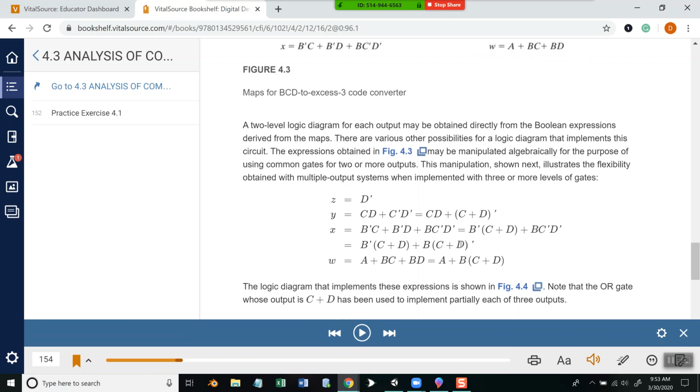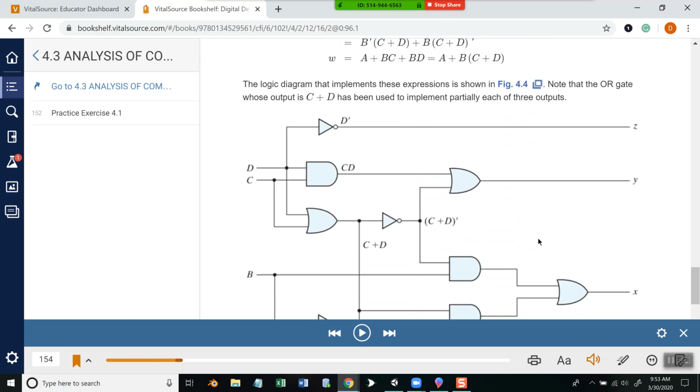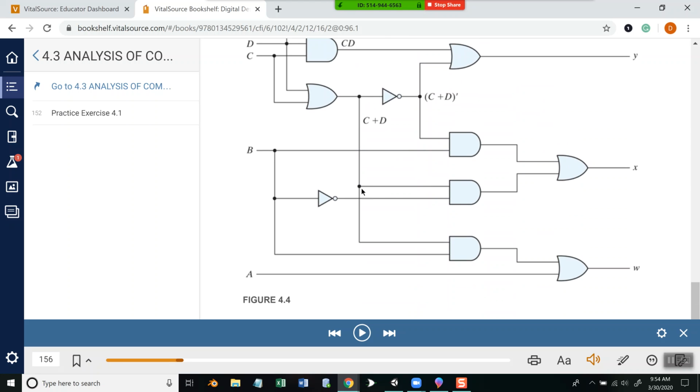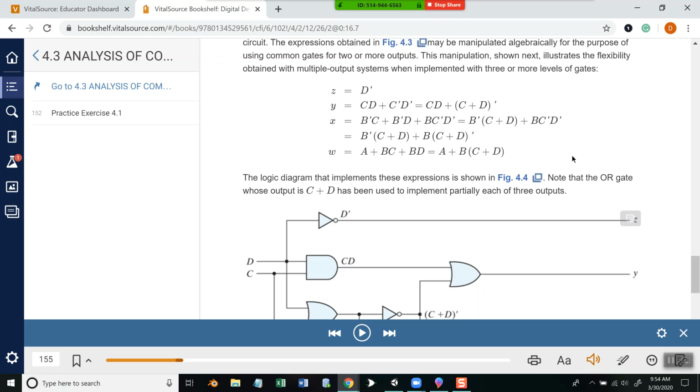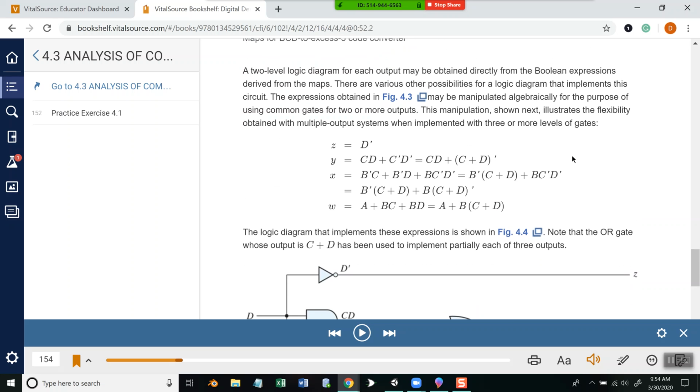By rewriting those, besides using fewer inverters, they also used C plus D in 3 places, which is why the C plus D right here is branching down and being used in 3 places. Like I say, I don't think I would have noticed that kind of simplification.